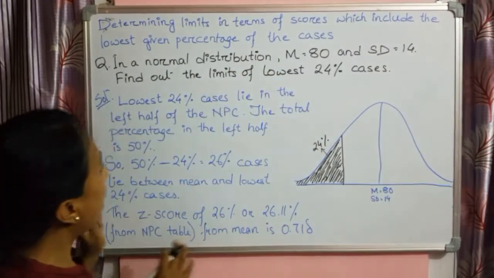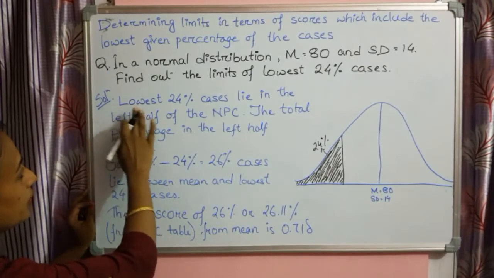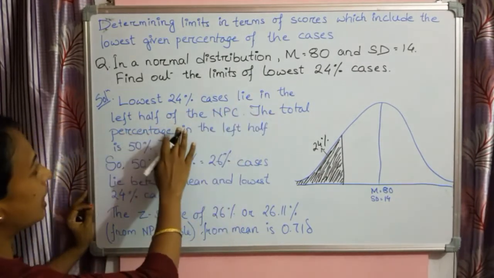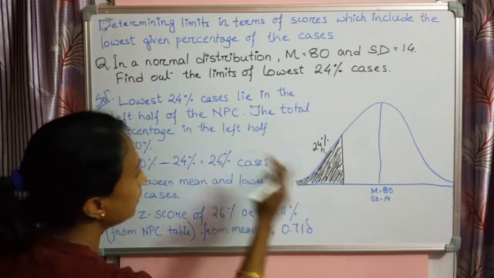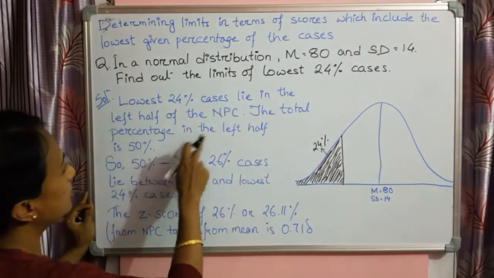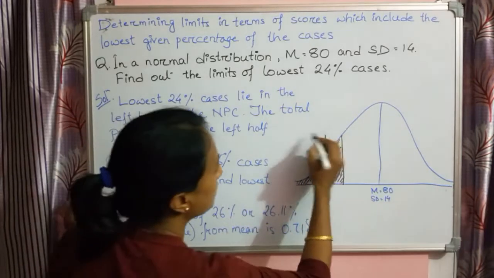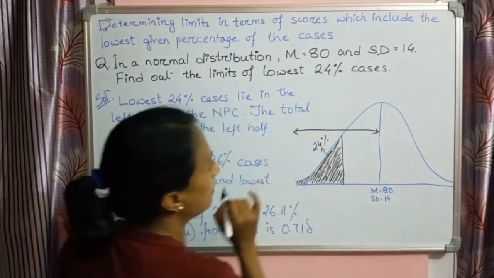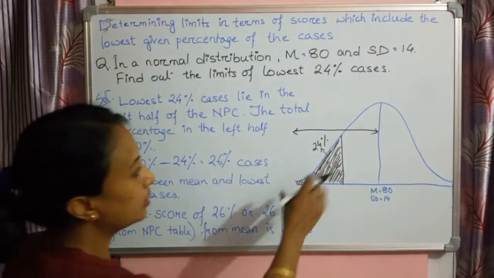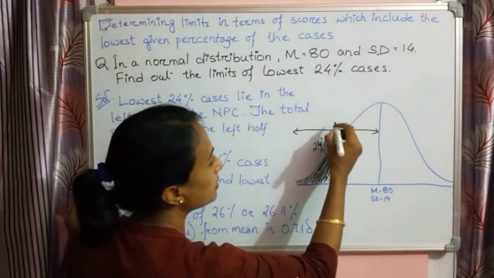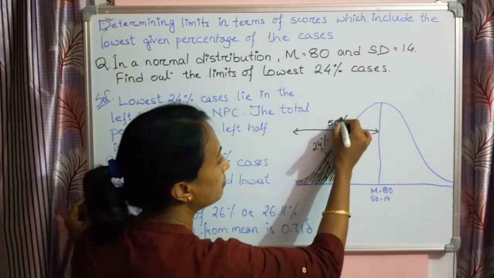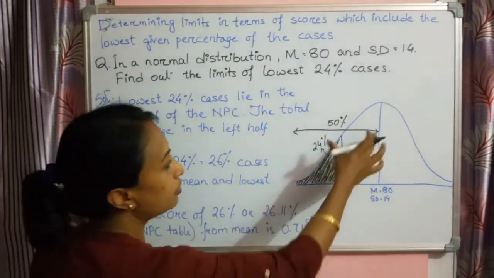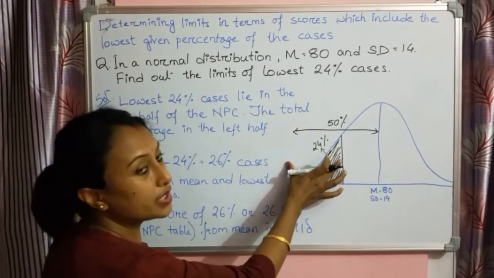Now for the solution, we have written: the lowest 24% cases lie in the left half of the NPC. The total percentage in the left half is 50%, like we did in the previous application also. Out of this is the lowest 24%.